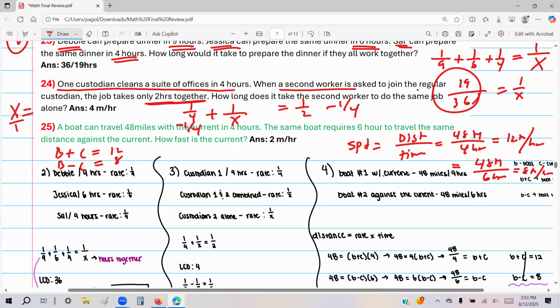Here they're looking for current, so you're solving for C, but using elimination, you can solve for B easily. You get 2B equals 20, so B equals 10. If B is 10, C is 2. So the speed of the boat is 10 miles per hour, and the speed of the current is 2 miles per hour. What is confusing, Eliza?